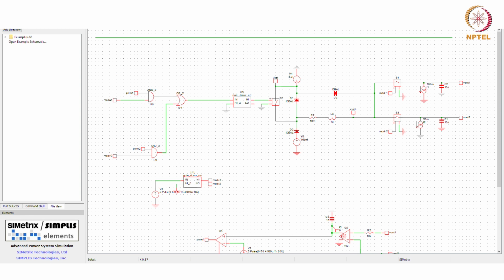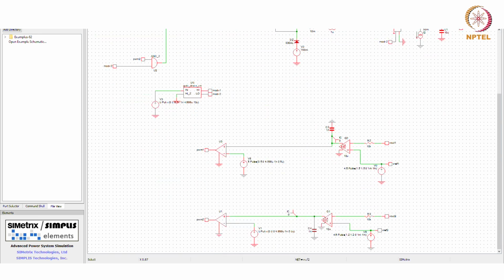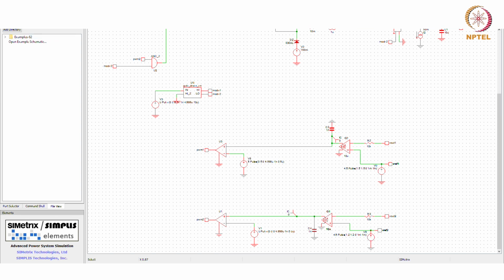So let's see. Let me remove this one first. So 3.6 volt input, and the outputs I am regulating at 1.5 and 1.2.